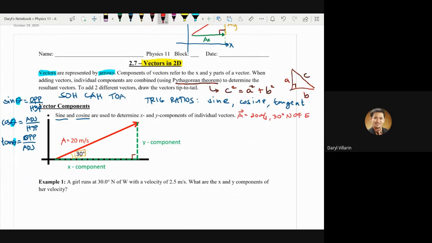If you're wondering how I know that it's north of east: going up is north, going down is south, this is west, and this is east. And you can see the reference of your angle, 30 degrees, is actually from east.